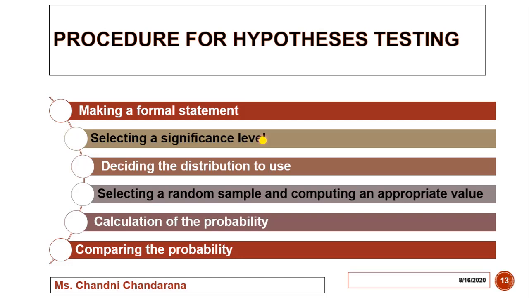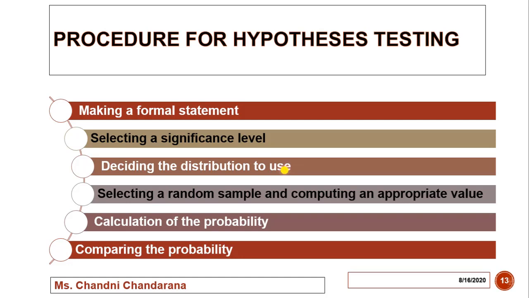Then after selecting a significance level, 5% or 1%, the third step is deciding the distribution to use. This is a very important step. This step is to determine the appropriate sampling distribution. The choice will generally remain between the normal distribution and the t distribution.